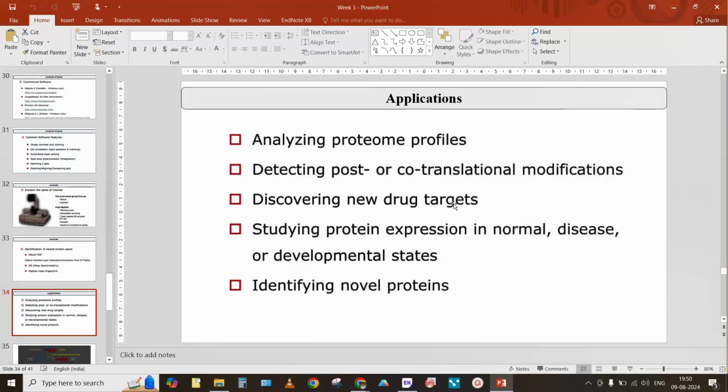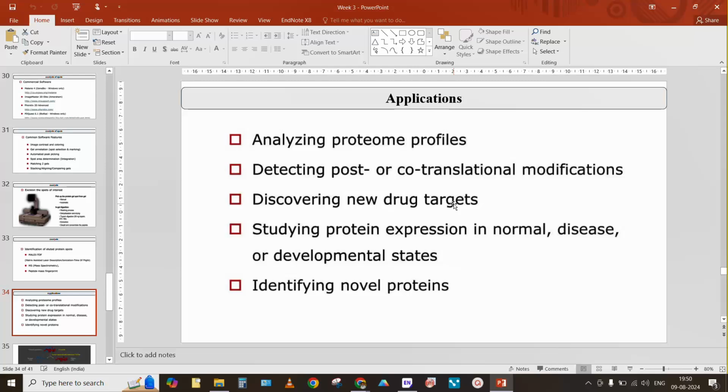Now we'll go through some applications of 2D gel electrophoresis. It has a wide range of applications in various fields of biological and medical research. Here are some of the primary applications. First, we can use it in proteomics.